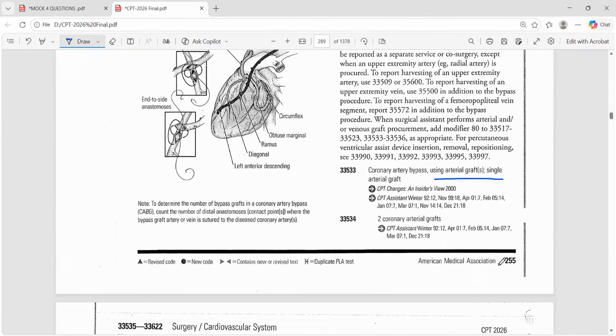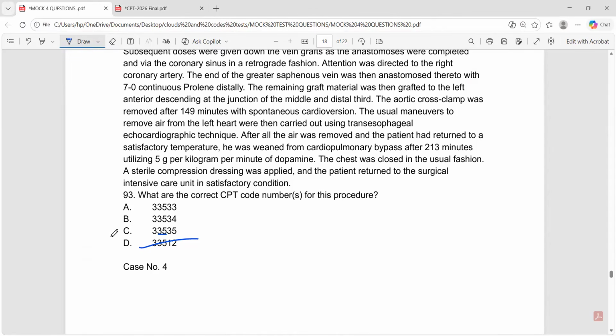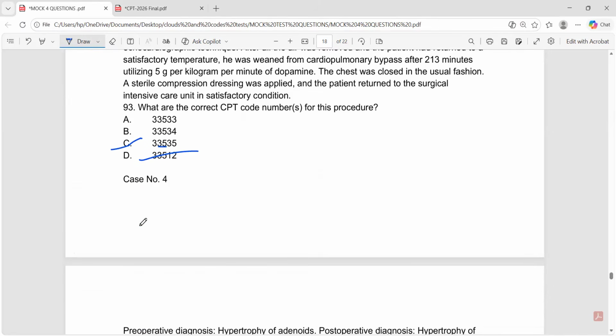How many grafts did he say? 3 arterial grafts. For the 3 arterial graft, the direct code is 33535. The answer is 33535. C is the option.